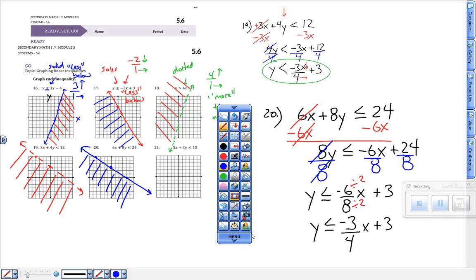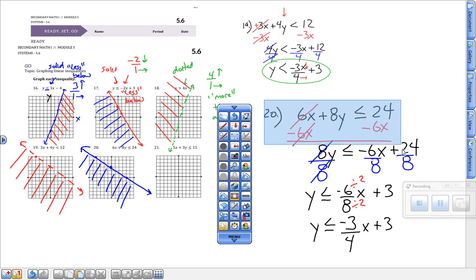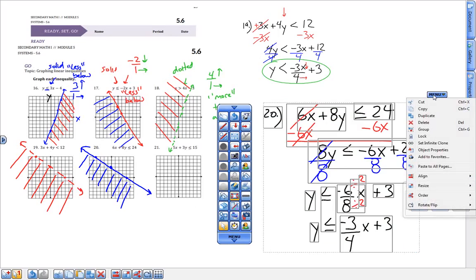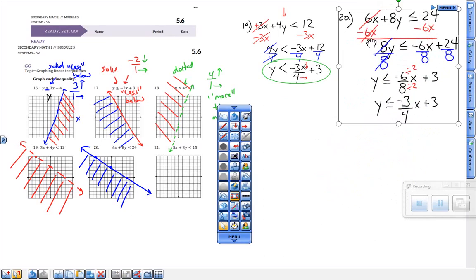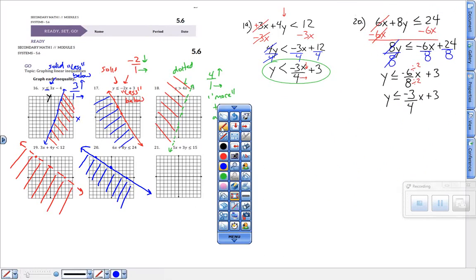All right, one more. And if I'm seeing this pattern, I bet it's going to have the same slope, negative 3/4, but let's find out. All right, 21. Solve it for y. Take away that 5x.